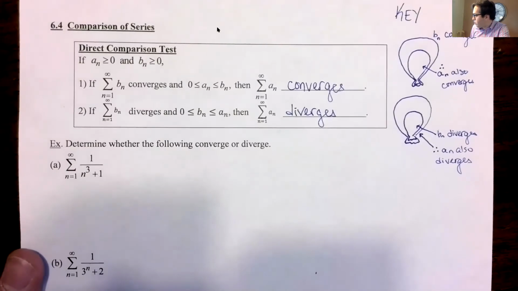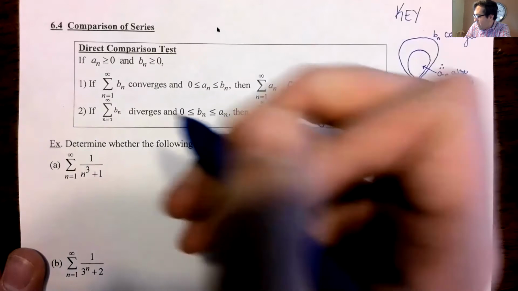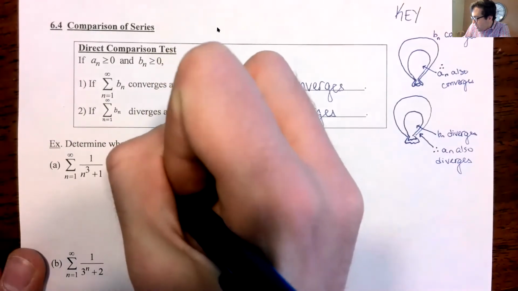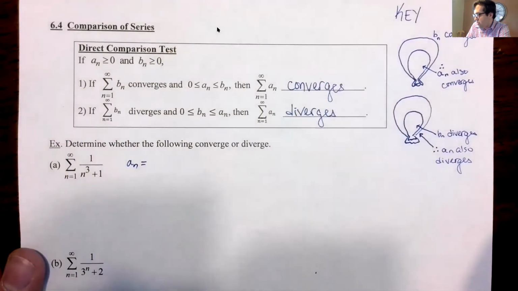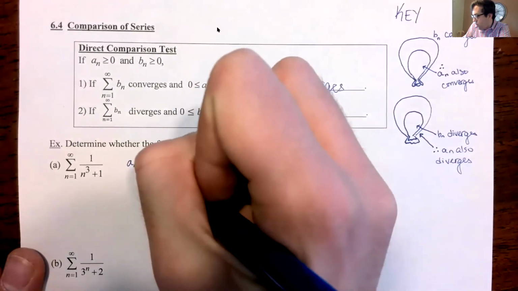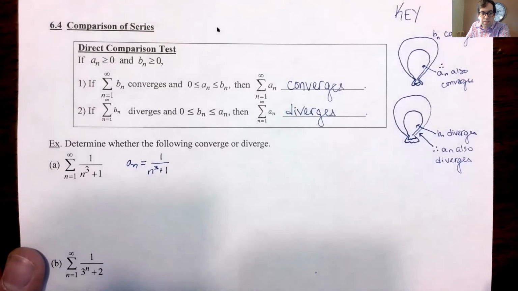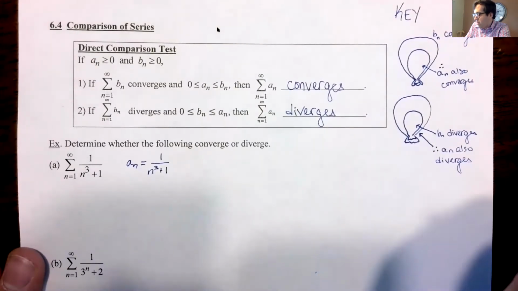So I'm going to say that this series is going to be our a sub n. I'm going to let a sub n, each term of series A, be 1 over n cubed plus 1. What we want to try to do is look within the given series to see if there's anything that we would know how to determine the convergence of.